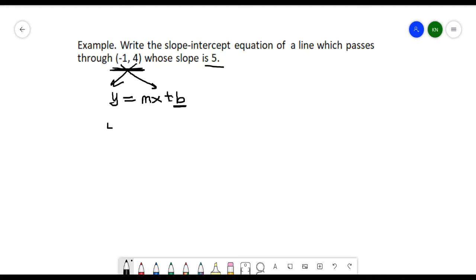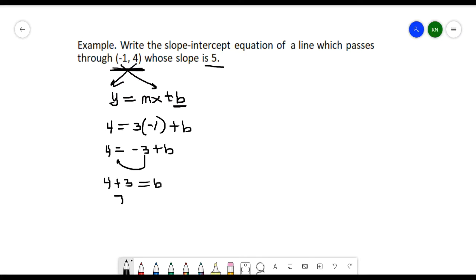So we have 4 is equal to 5 times -1, plus b. So we have 4 is equal to -5 plus b. Now moving this to the other side, we have 4 plus 5 is equal to b. So meaning to say, our b is equivalent to 9.